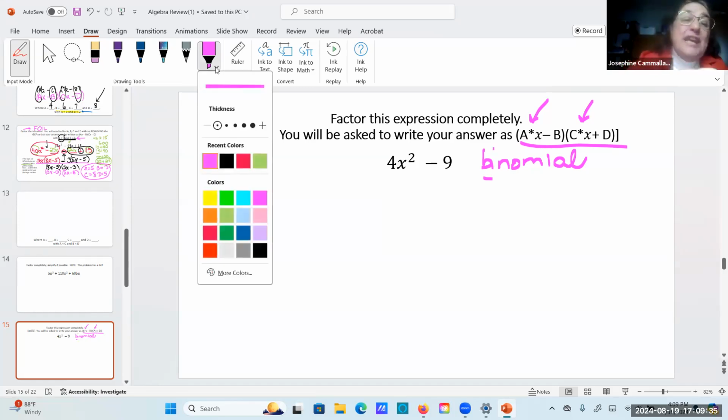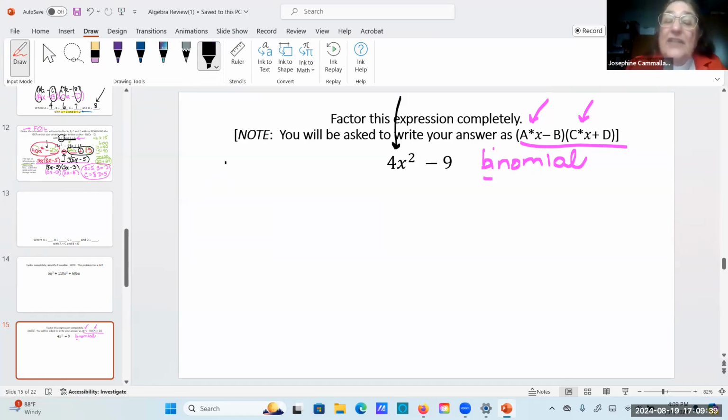Well, how do we use that to our advantage? This 4x squared is 2x times 2x. See the word bi? Two identical factors. Two identical factors.